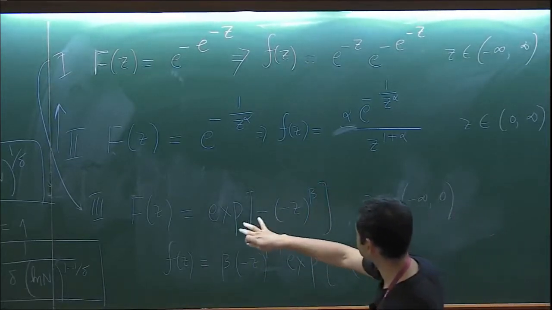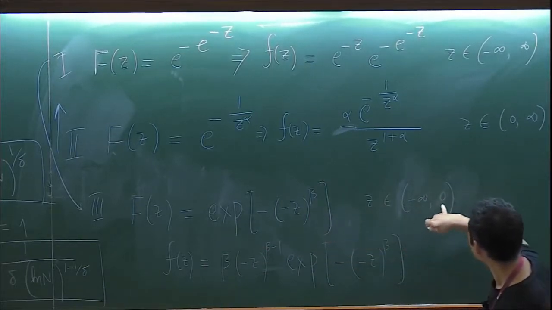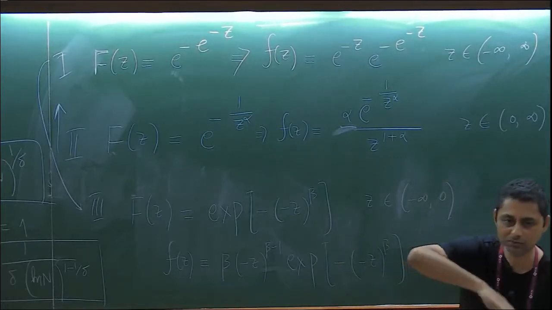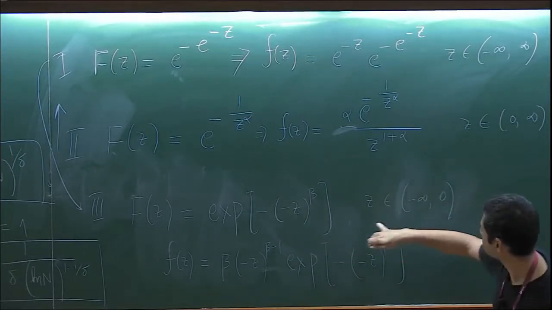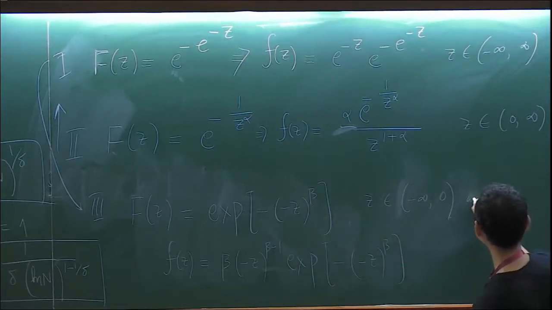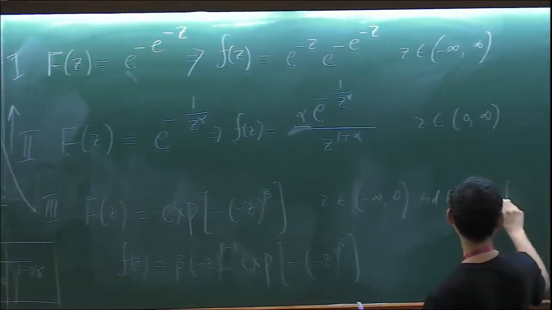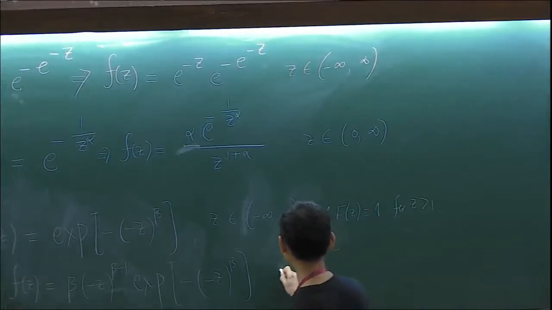So this is a function for z negative, and for z greater than 0, this function becomes 1, right? Because this is a cumulative distribution. So this is given by this for z less than 0, and F of z is 1 for z greater than 0. Okay, so this is where z is from minus infinity to 0.